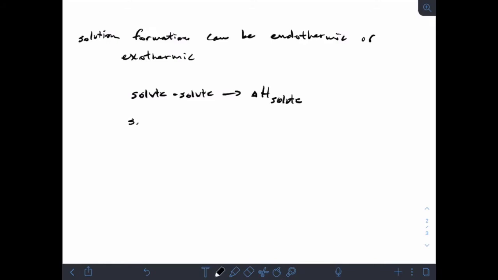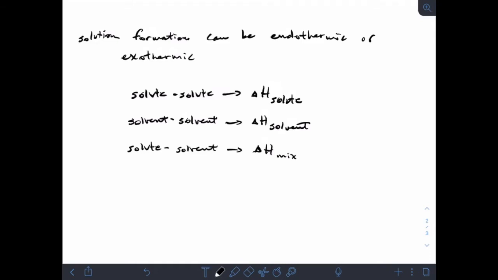Our solvent-solvent interactions, we can talk about those in terms of the enthalpy of the solvent. And our solute-solvent interactions, talk about the enthalpy. That should be a delta. That's a triangle. Mixing.